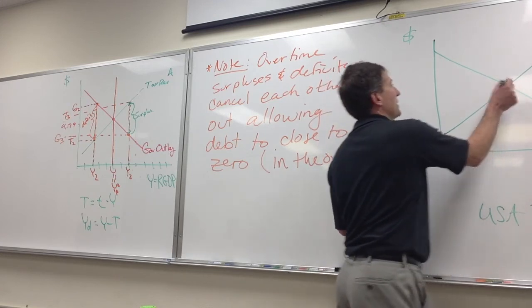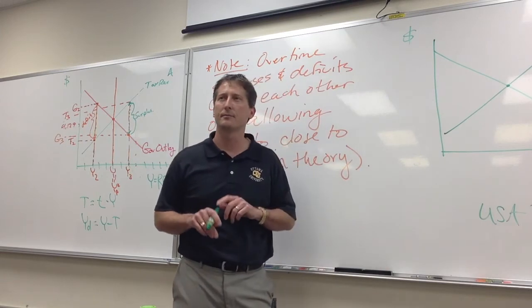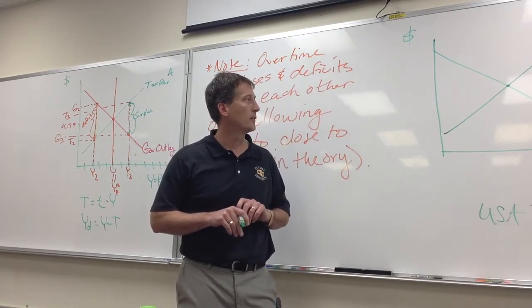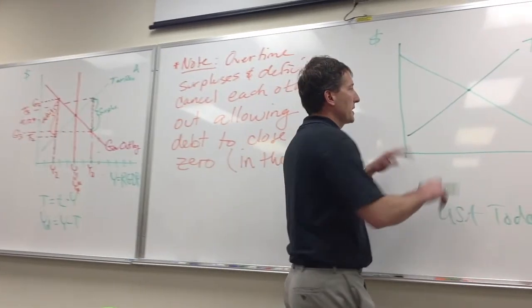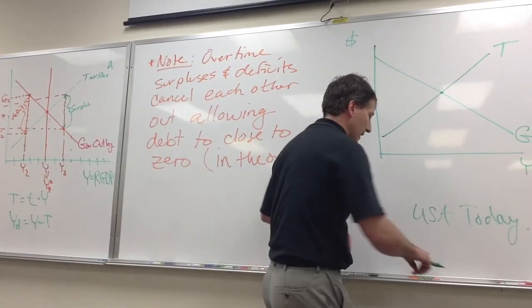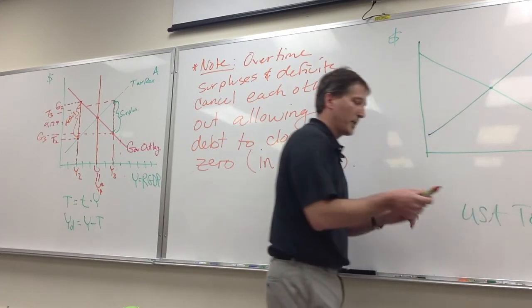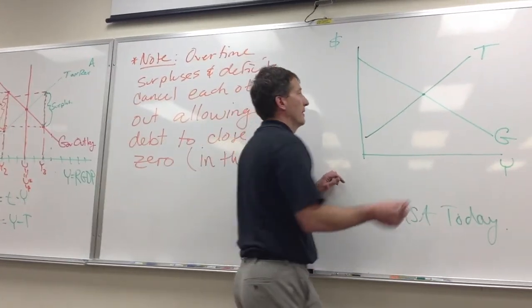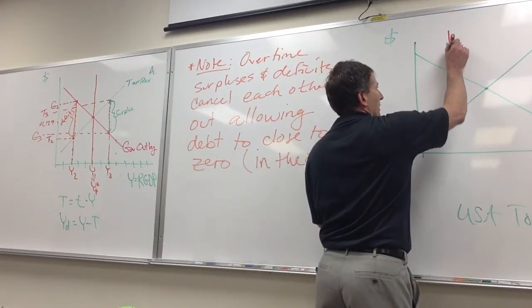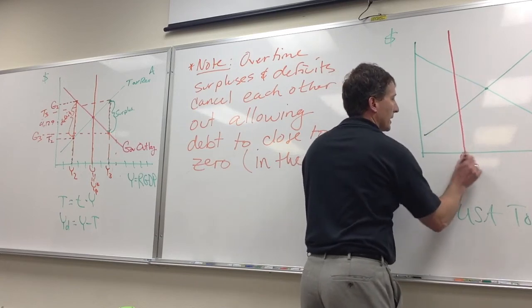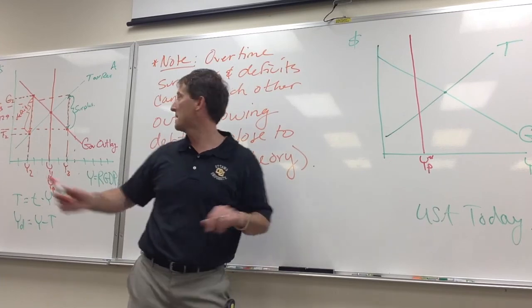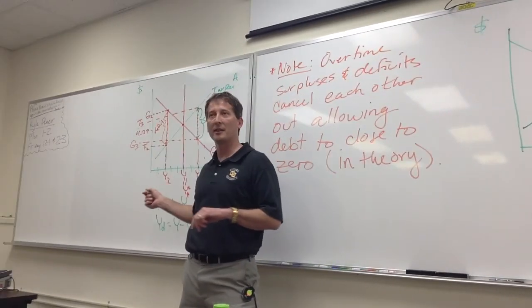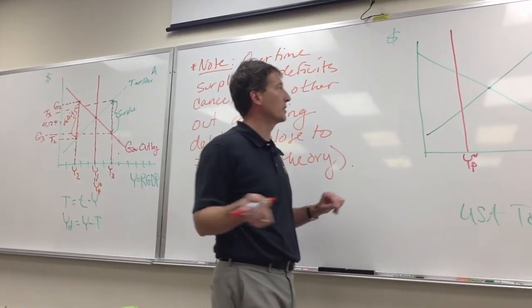We know that the balanced budget would be where those two lines cross. But over time, due to those increases in G, what I think is pretty obvious for the United States is that the potential level of the economy is somewhere over here. It's not centered up because we're just not seeing that over the last 30 years.